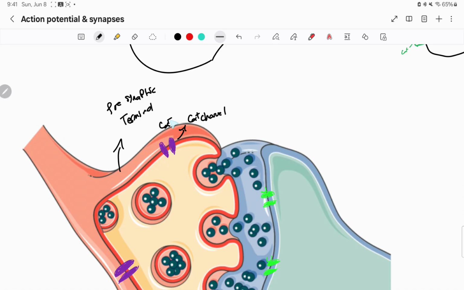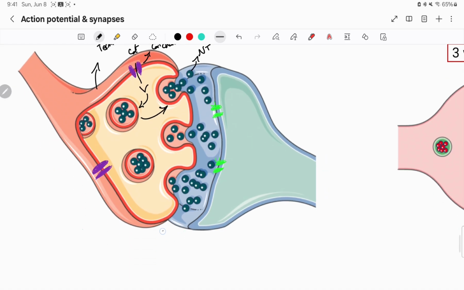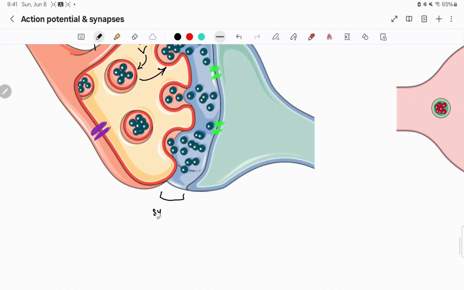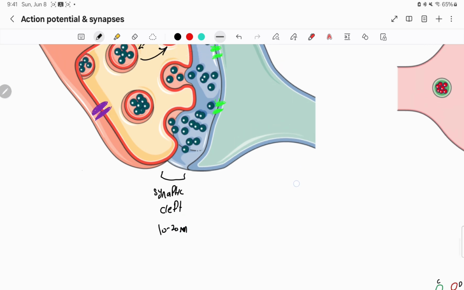Remember, calcium comes in and it stimulates the fusion of this vesicle with the membrane, which causes the release of neurotransmitters inside of this area. What did I say this area is called? This area is called the synaptic cleft, okay? Cleft. The synaptic cleft is a very specialized area. It's very small. It's around 10 to 20 nanometers, okay? Very, very small. 10 to 20 nanometers, okay?